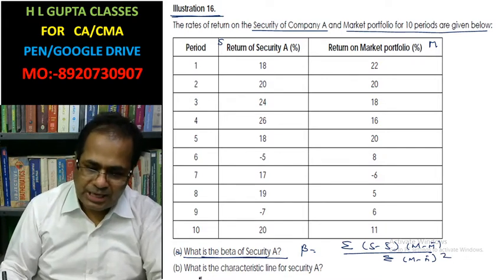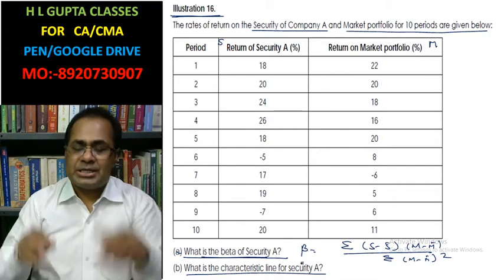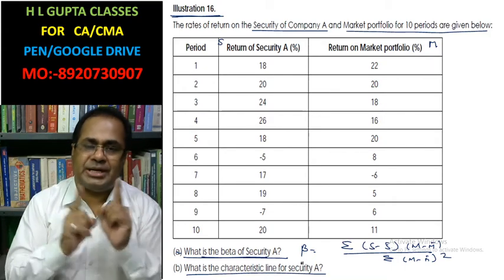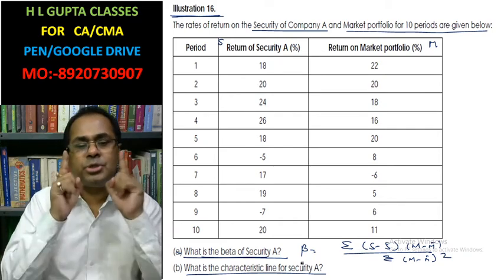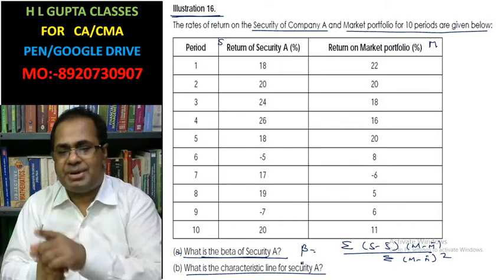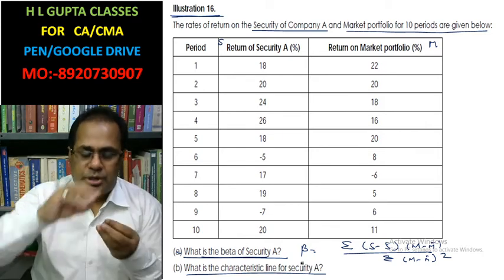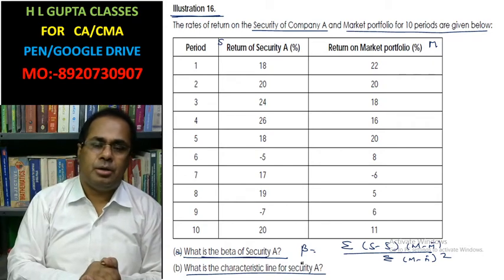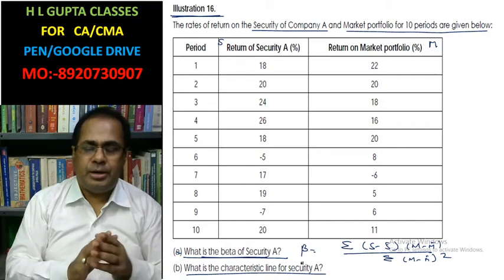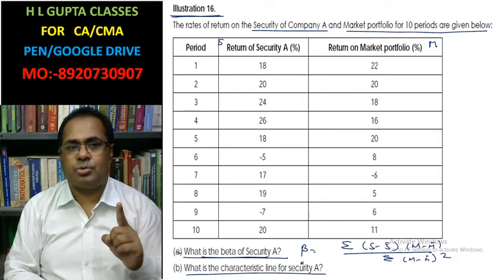Now here it is asking for the characteristic line for the security A. The characteristic line of the security represents the relationship between the expected return of the security and the expected return of the market. It represents that the return of the security depends on the return of the market and the security beta, with some constant.